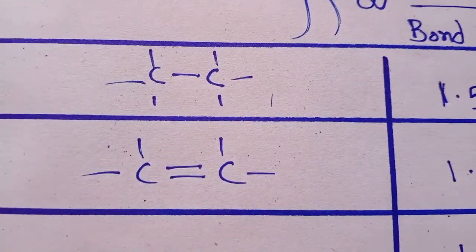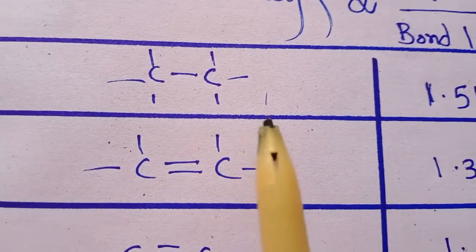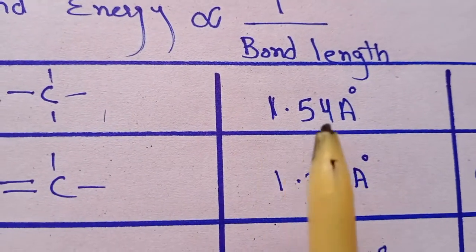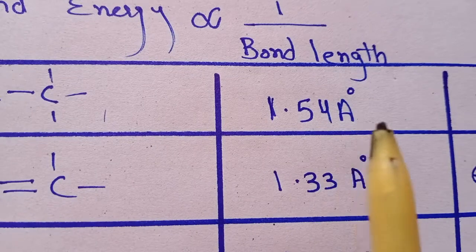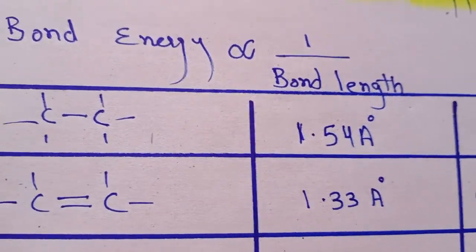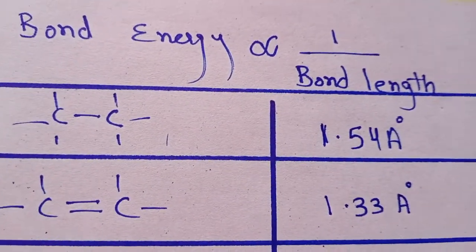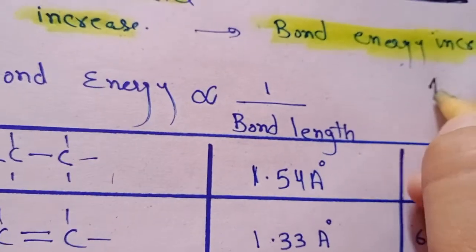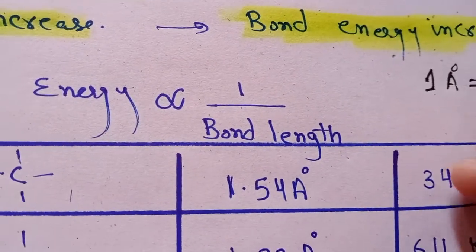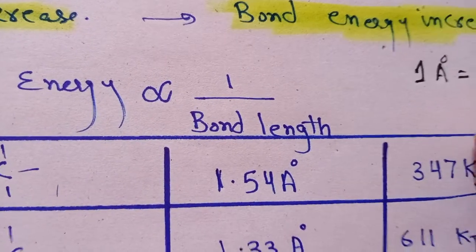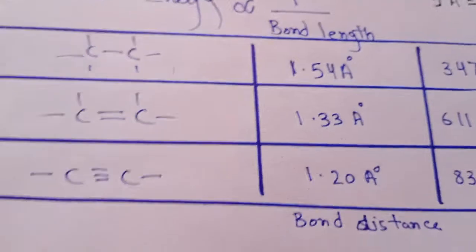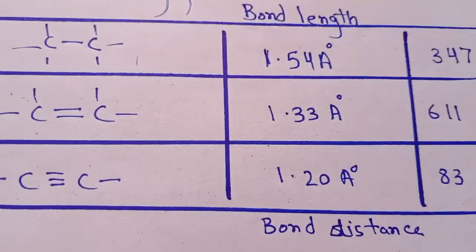A single covalent bond has a bond length of 1.54 angstrom. Angstrom is the unit used to measure bond length, and 1 angstrom is equal to 10 raised to power minus 10 meter.